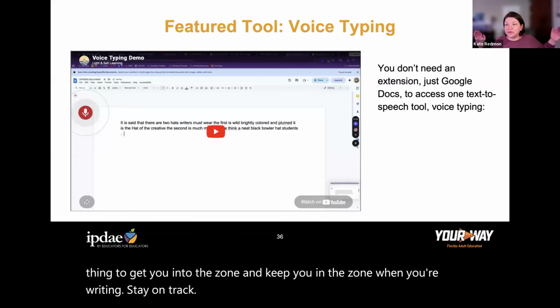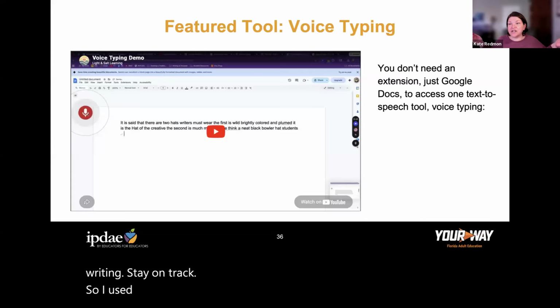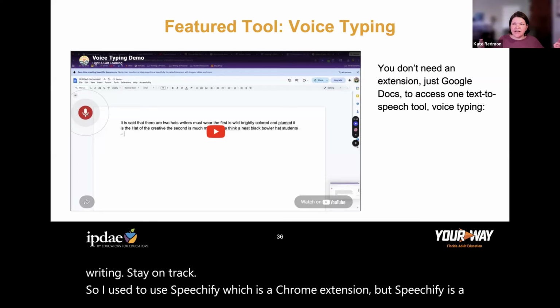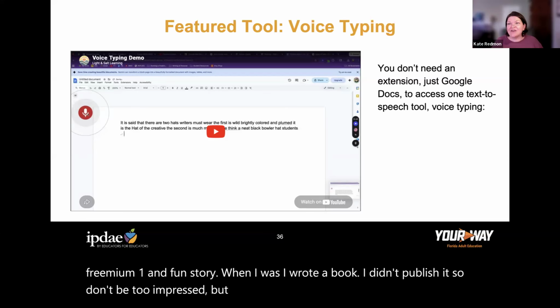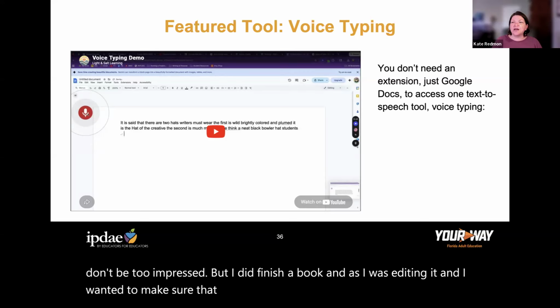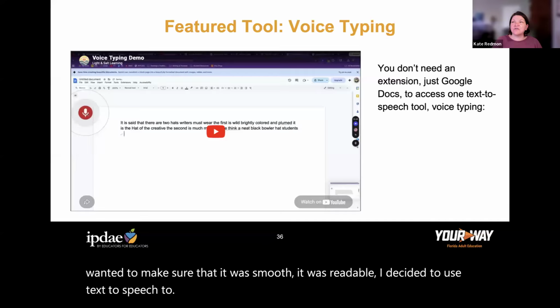So I used to use Speechify, which is a Chrome extension, but Speechify is a freemium one. And fun story, I wrote a book. I didn't publish it, so don't be too impressed. But I did finish a book, and as I was editing it, and I wanted to make sure that it was smooth, it was readable, I decided to use text to speech to listen to it.